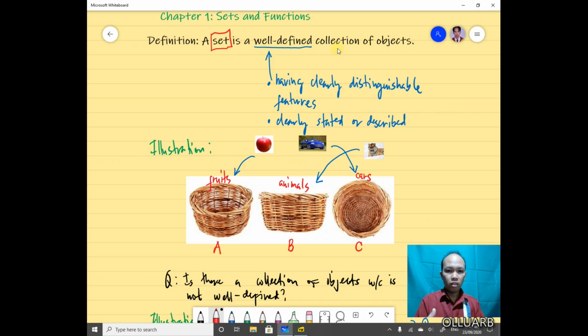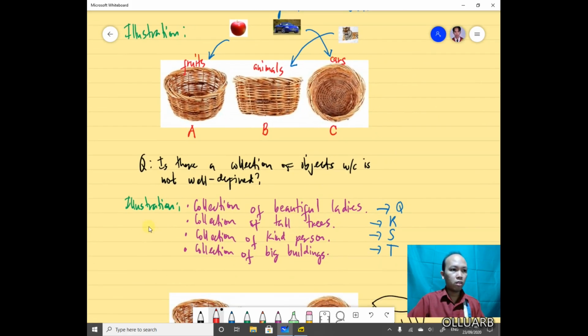Then if you ask me what do you call this kind of set, like the example here, if you read some books, you can read the word fuzzy sets. These examples here are examples of fuzzy sets.